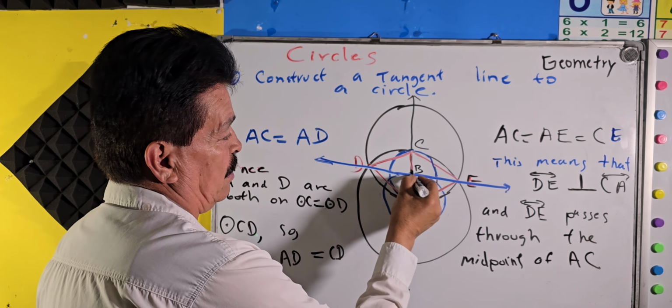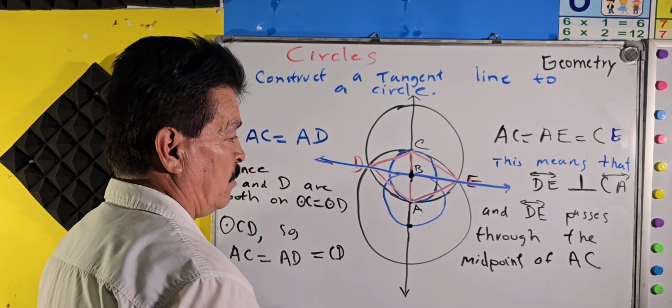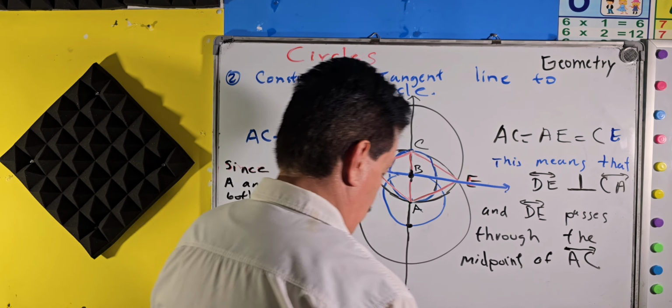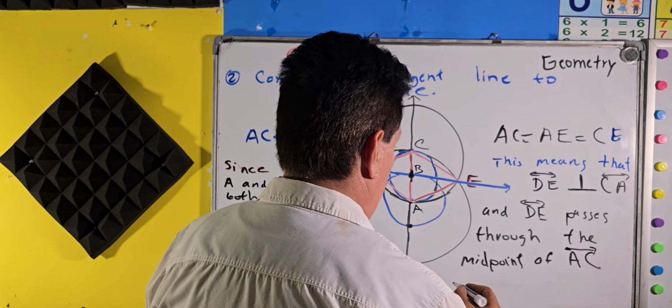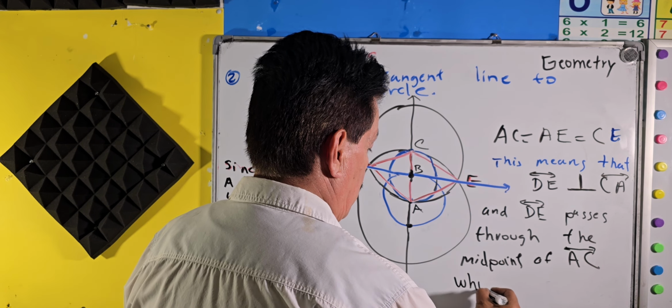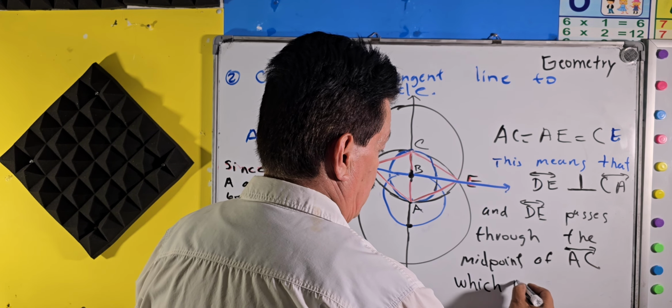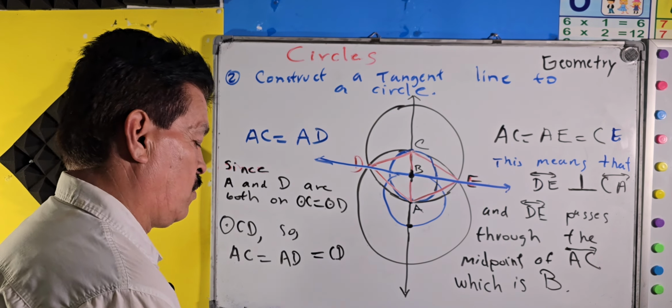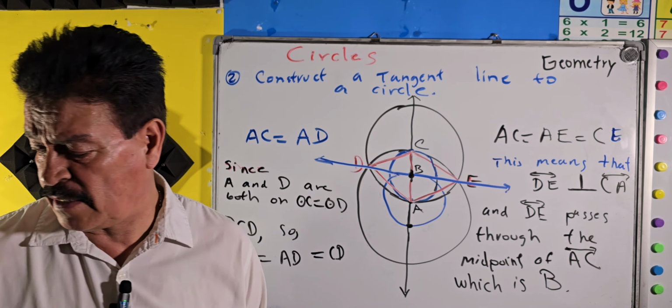This is the midpoint here, of AC, which is B. So as our conclusion, this is not a big deal.